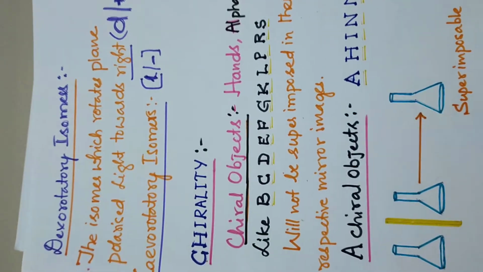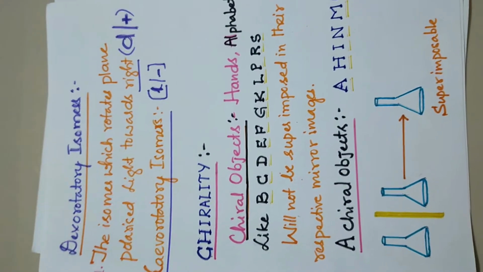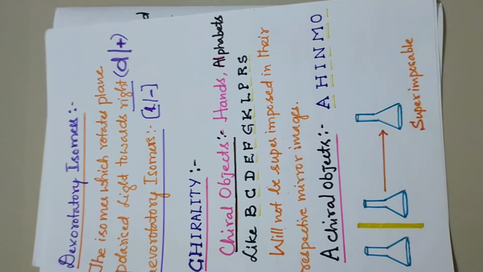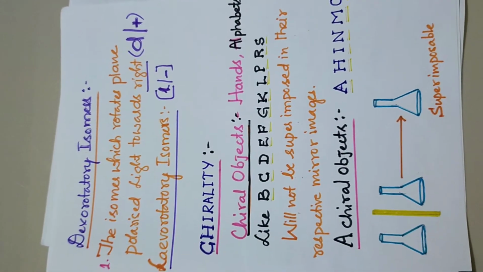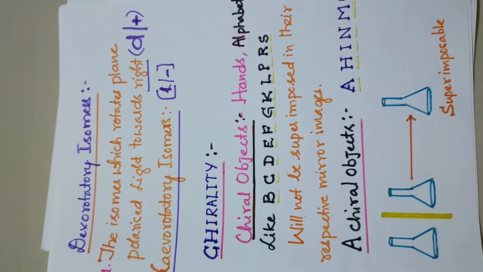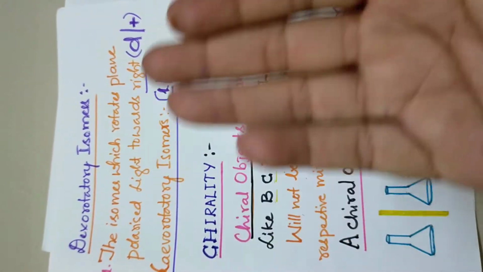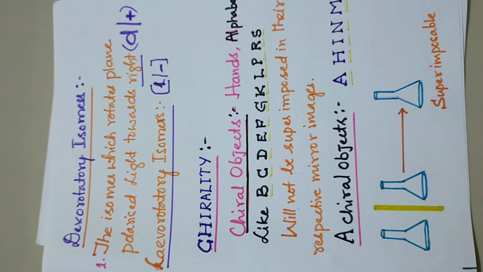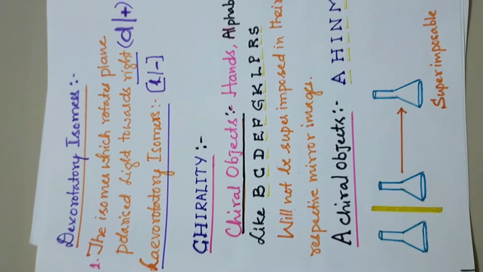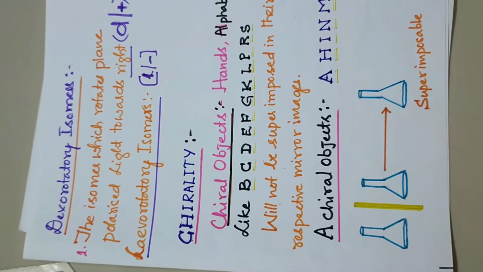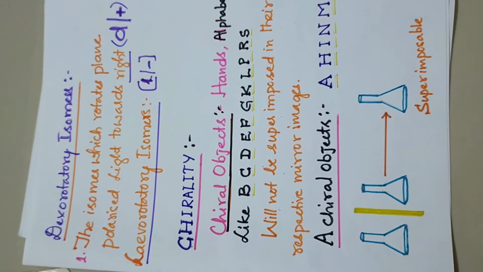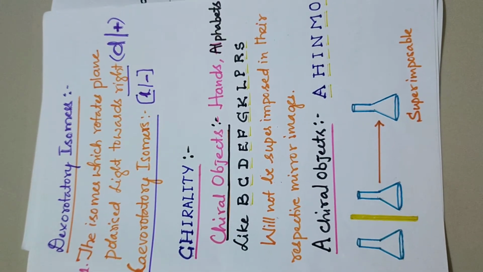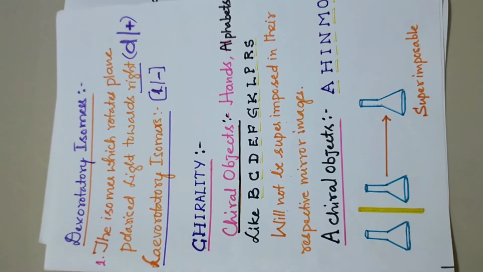I will try to show how it is, just after this definition. The hand cannot be superimposed. Very clearly, the left hand and the right hand come into different types. Those are called chiral objects. They will not be superimposed on their respective mirror images.